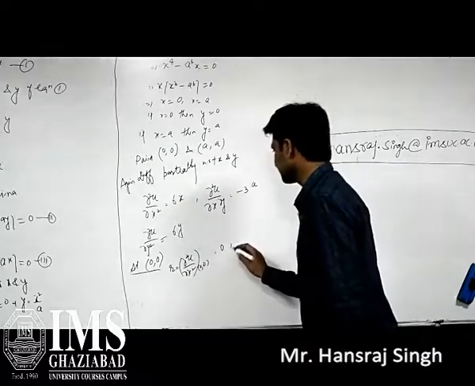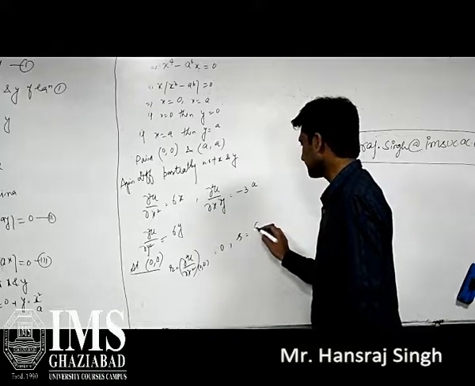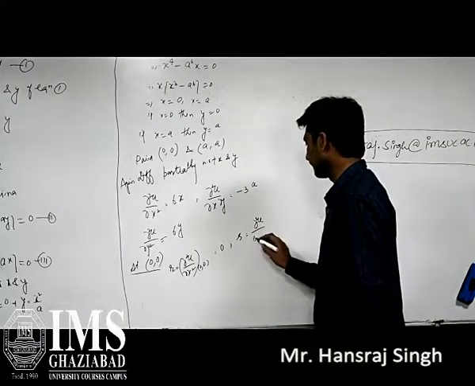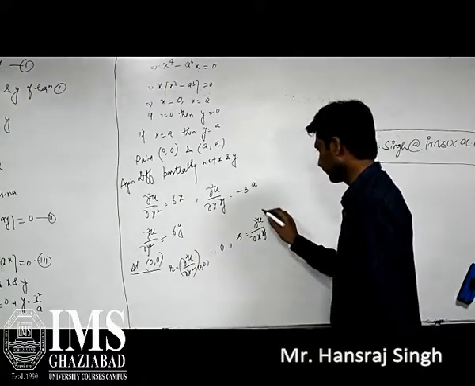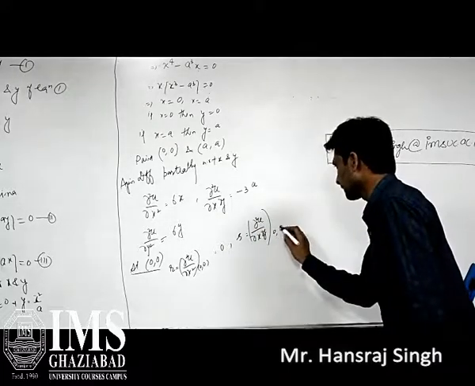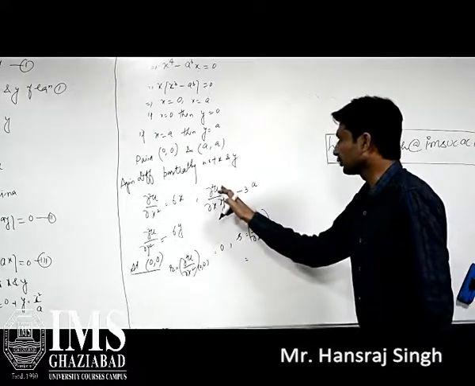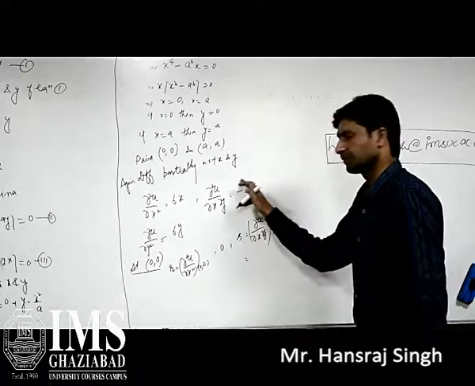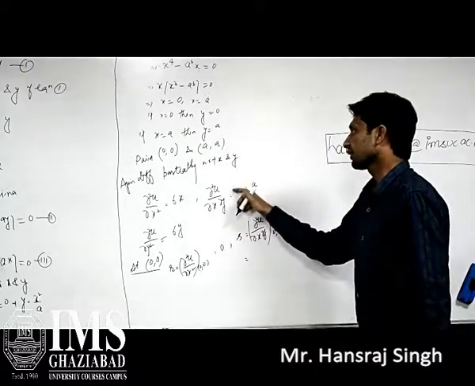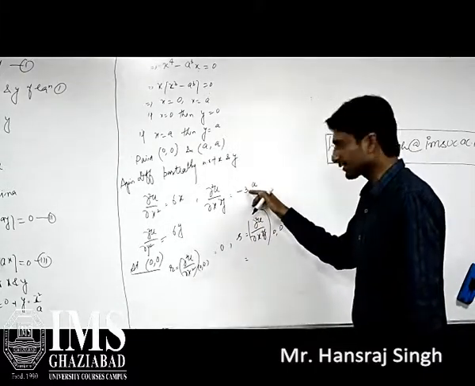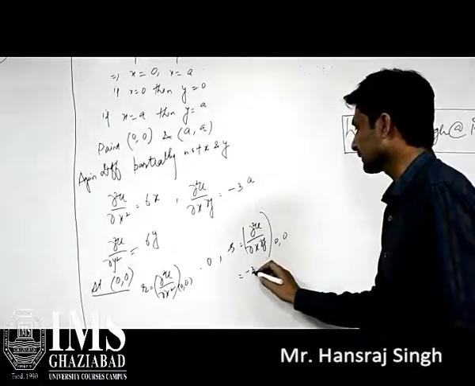Next, students, in the same way we find s. s is del 2u upon del x del y at 0, 0. So del 2u upon del x del y is simply minus 3a, since x and y are absent in this case. There is no x and no y in it, therefore it remains minus 3a.